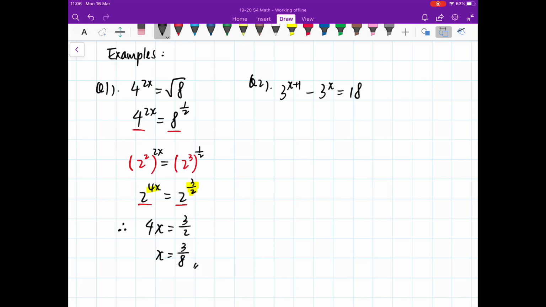And then for example 2, so now as you can see, there are two terms. The first term is 3 to the power x plus 1, and the second term is 3 to the power x. So there is a plus 1 here. So our first step is we have to change this number, or move this number out, so that it will become 3 to the power x times 3 to the power 1, that is 3, and minus 3 to the power x equals to 18.